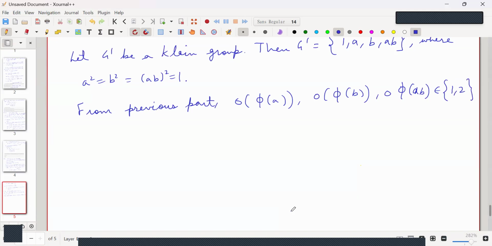Because they have order two, they cannot map to three cycles.